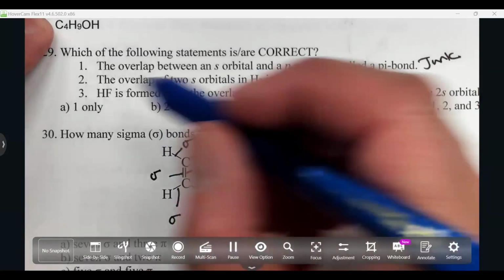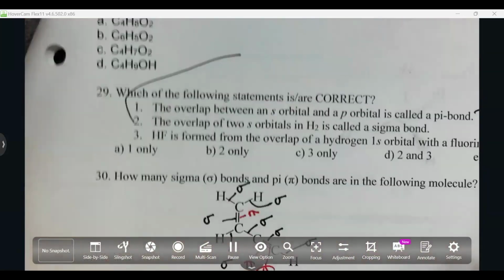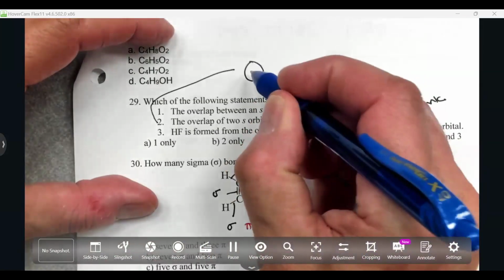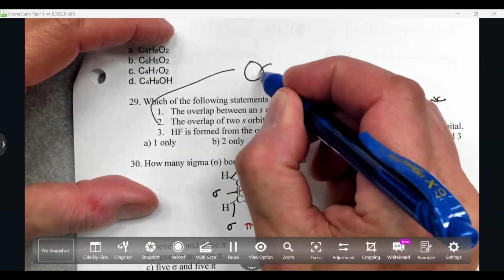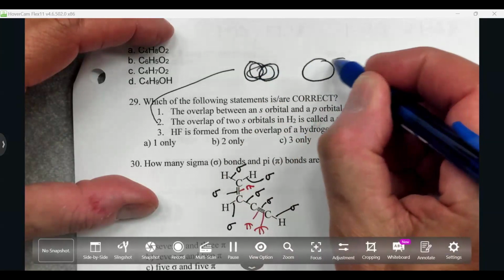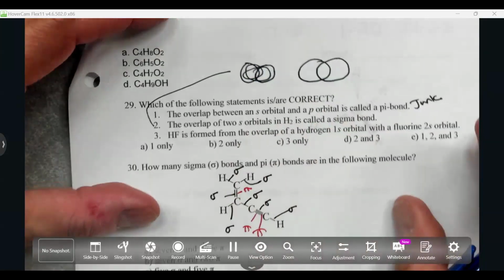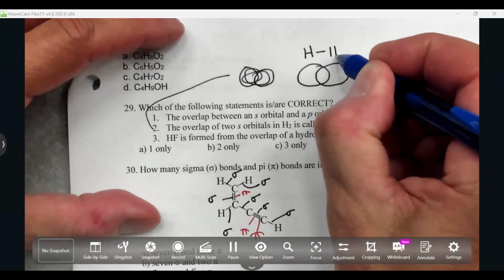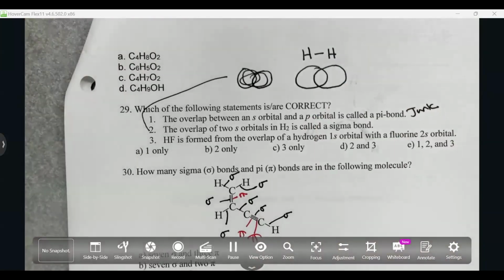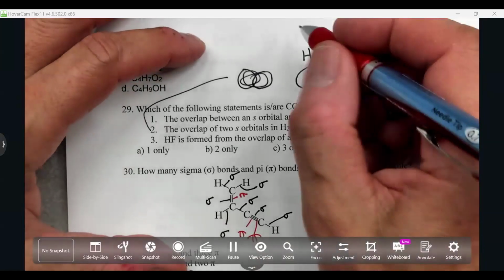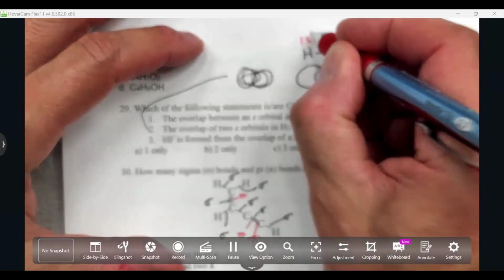So let's go up here and look at number 2. I should draw this a little better. This is hydrogen bonded to a hydrogen. That's just hydrogen gas, H2. What is this? This is 1s1.